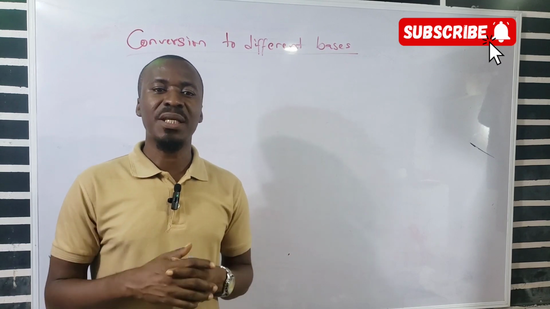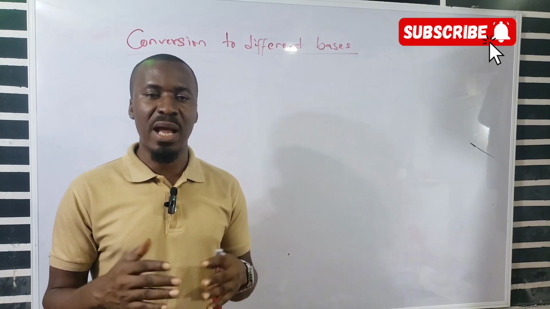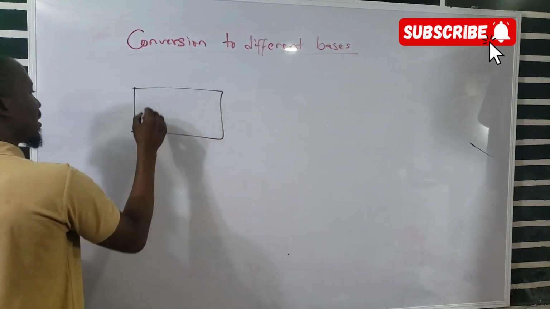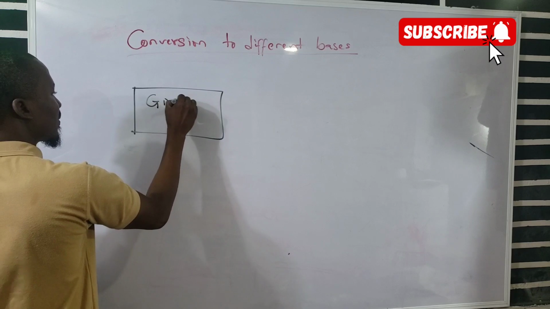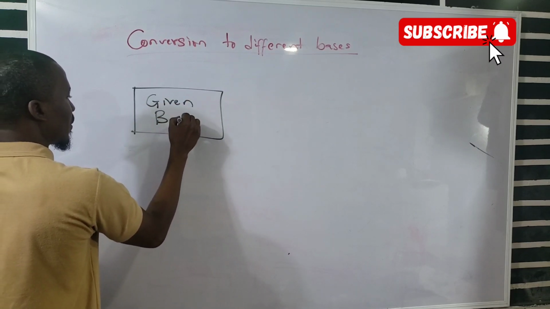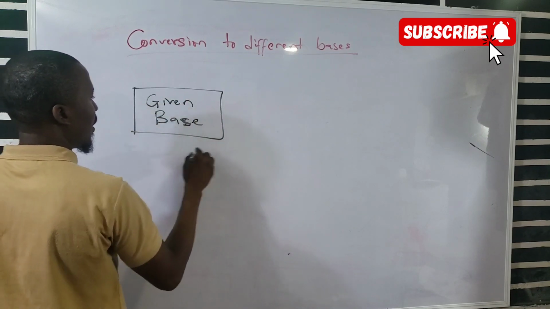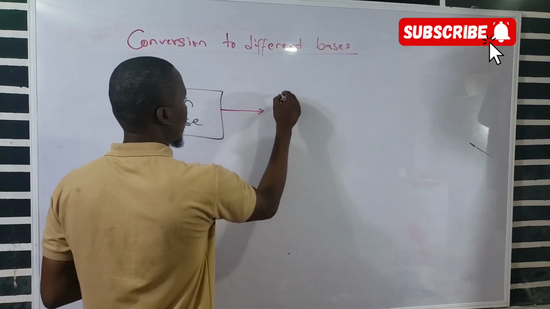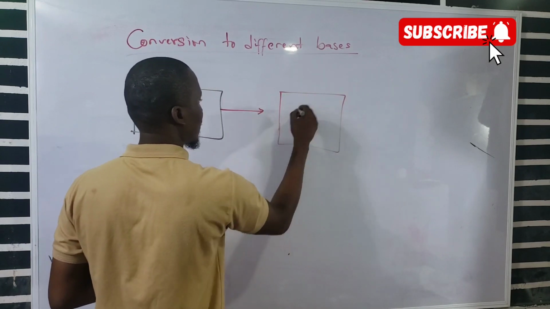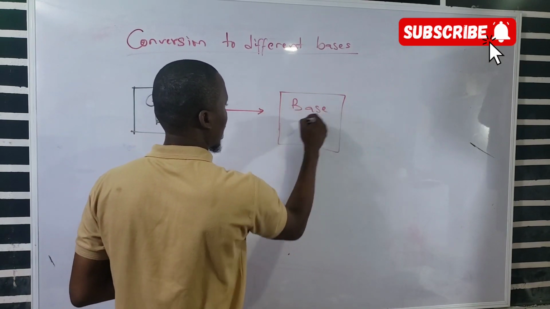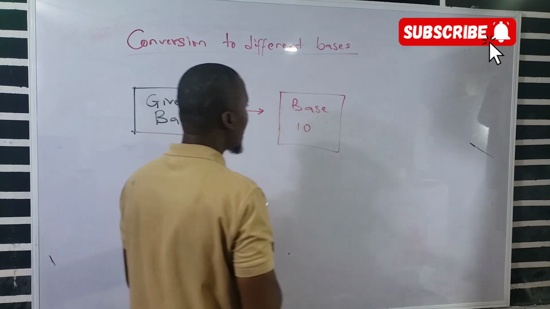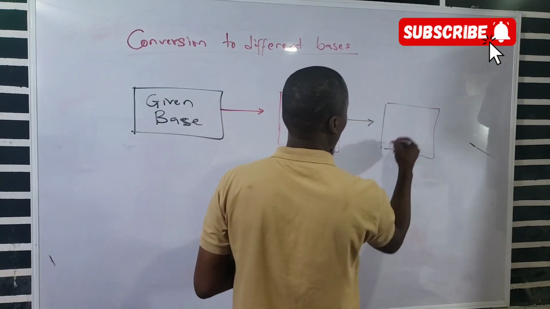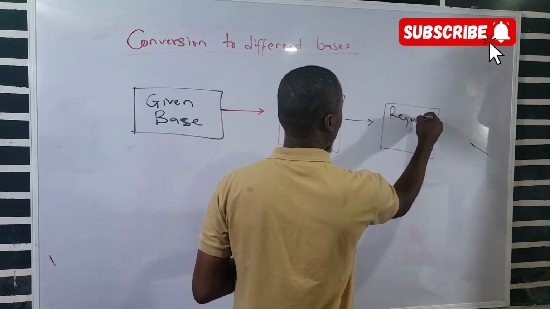Okay, so I normally give my students a particular algorithm, which is this: the given base, then you move to base 10, then you now move to the required base.